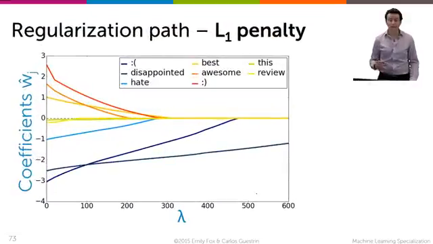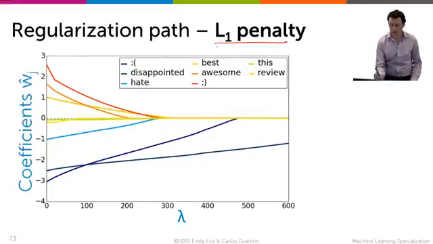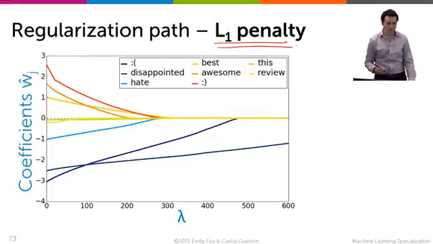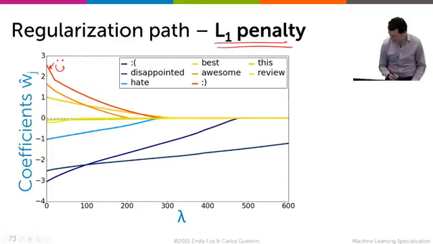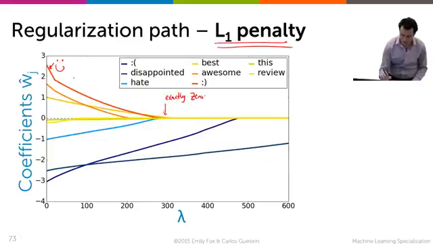If you look, however, at the coefficient paths when the regularization is L1, we get something much more interesting. For example, in the beginning, the coefficient of the smiley face has a large positive value, but eventually becomes exactly 0 from here on.